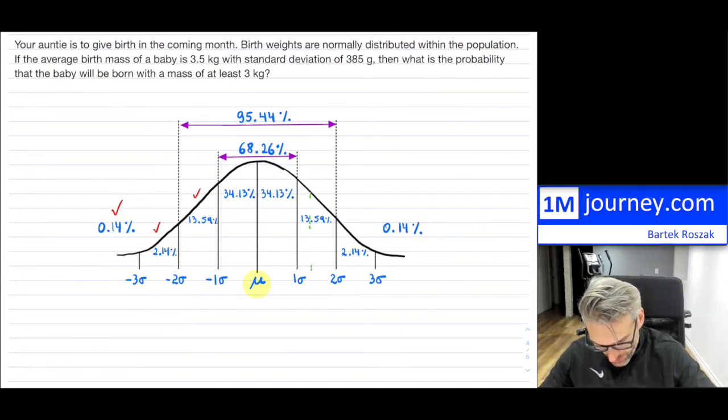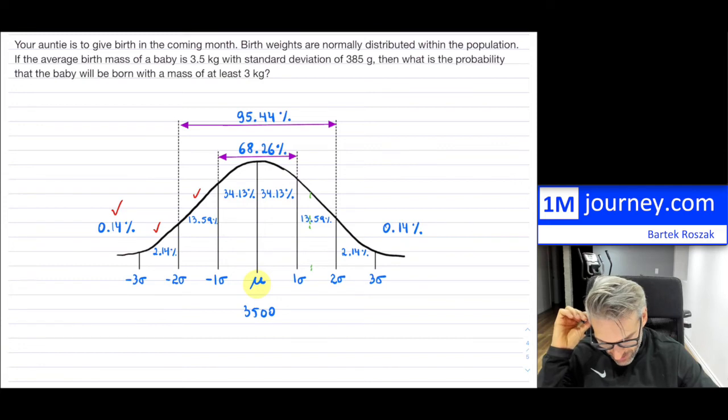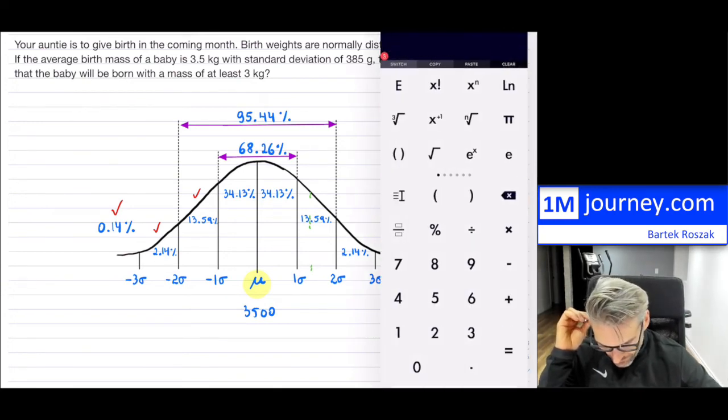Let's put it into grams. So 3500 would be our mean, and 385 is our standard deviation. Now we want it at 3000. How many standard deviations away is that?